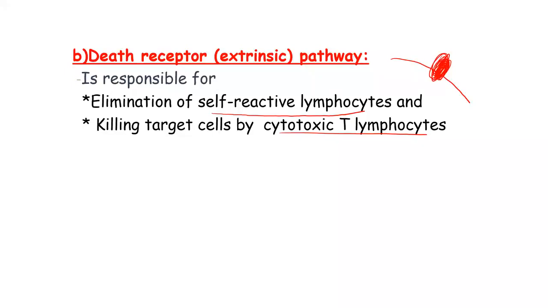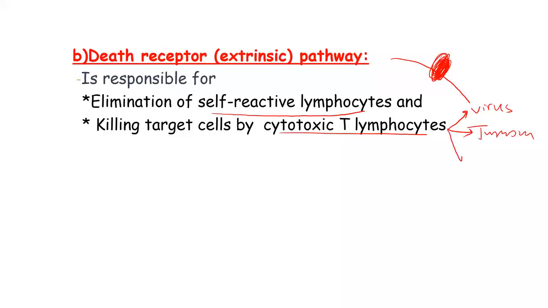Remember, what are the cells that are killed by cytotoxic T lymphocytes? From the previous slide, we have 3. First one is virally infected cells. Number 2, tumor cells, as a part of tumor immunity.